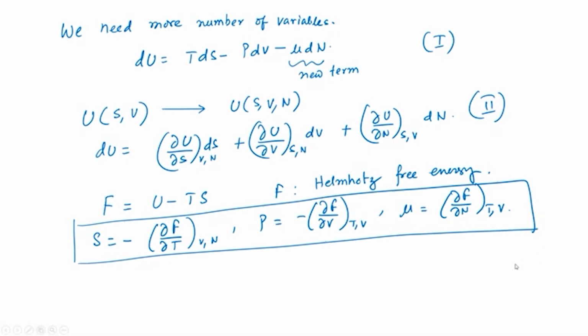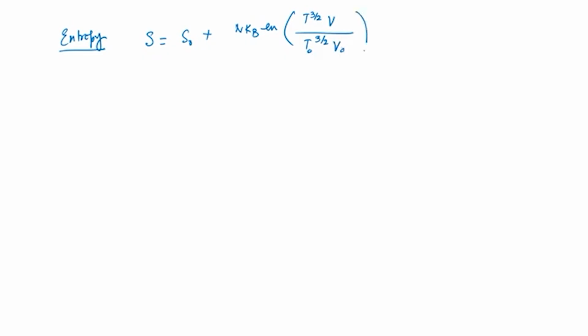Now, let us calculate the chemical potential of an ideal gas, which is nothing but del F del N at constant T and V. So, let us take this equation for the entropy that we are familiar with, which we have derived just a while back. S is equal to S0 plus N k log of T to the power 3/2 V over T0 to the power 3/2 V0, and so on.